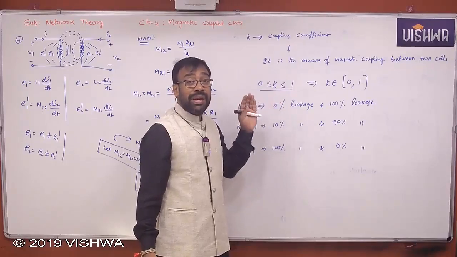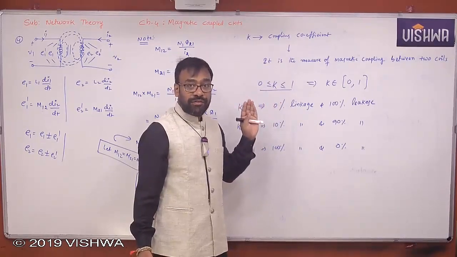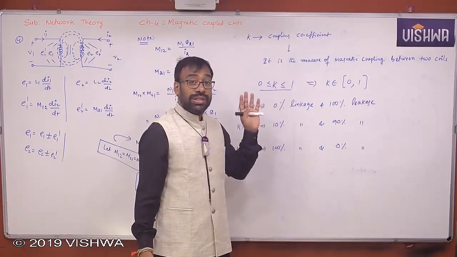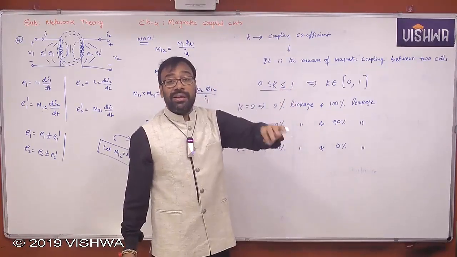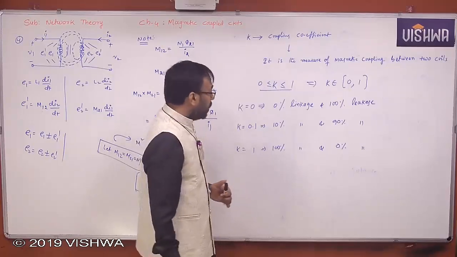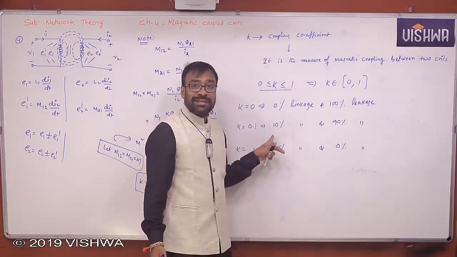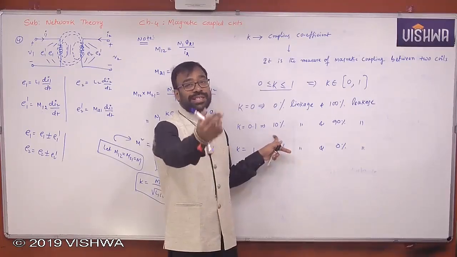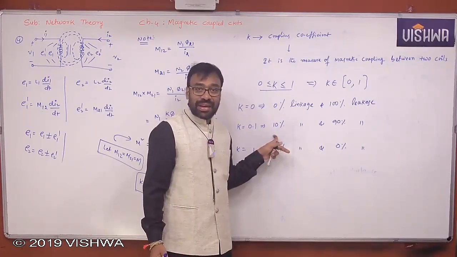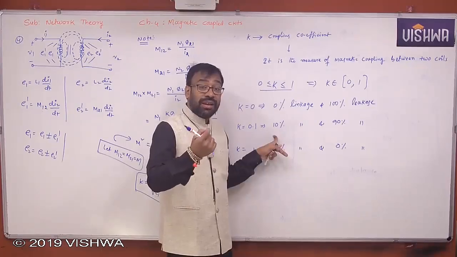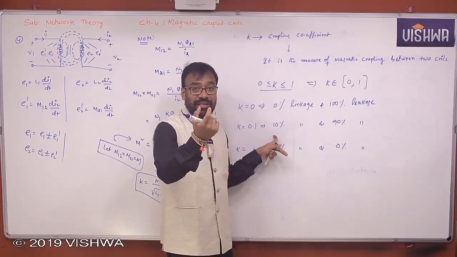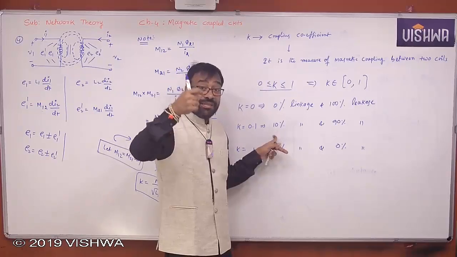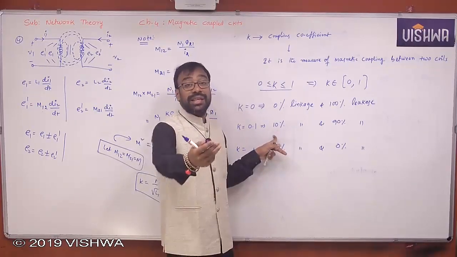The flux emanating from the primary coil, only 0% is linking with the other coil. Now 10% of the flux emanating from the primary coil is linking with the secondary coil. Understand, all of you? Okay. 10% of the total flux emanating from the primary coil is linking with the secondary coil.